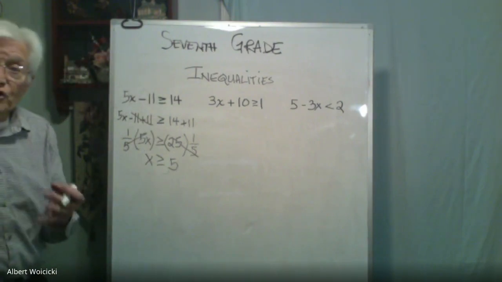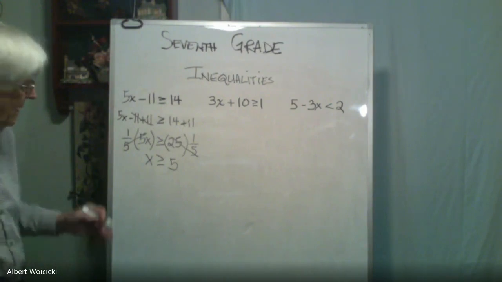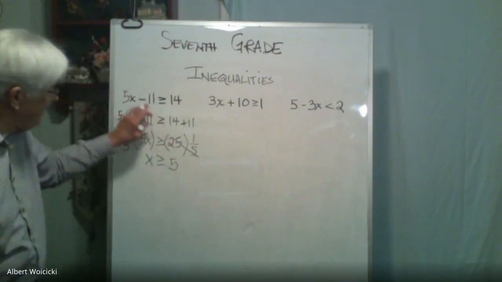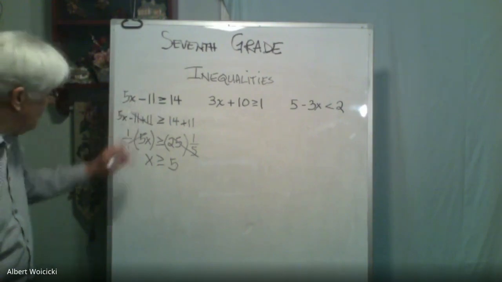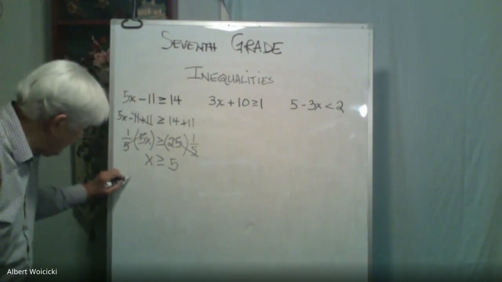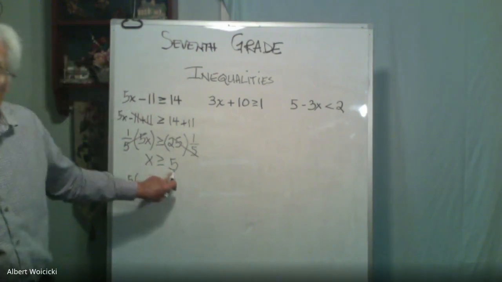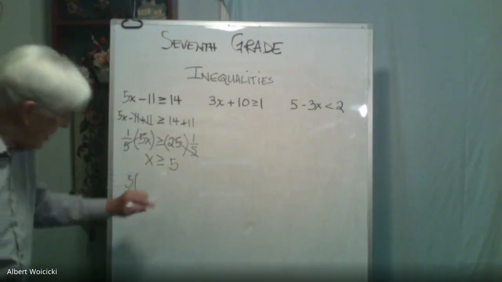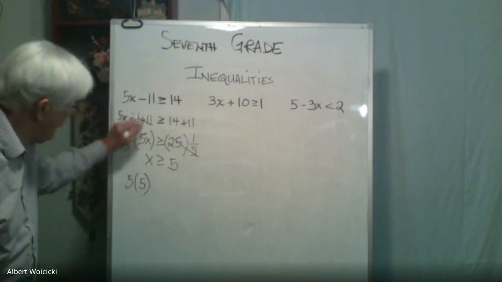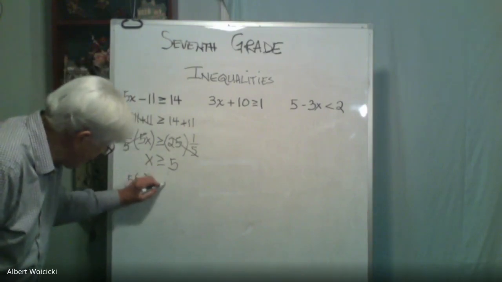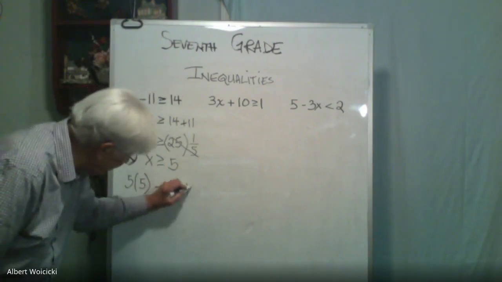Now, we check the same way we check when we do an equation. So we put the 5 back here into our original statement. Our original statement says 5 times, and now this is our answer, so let's put a 5 here, subtract 11 is greater than or equal to 14.